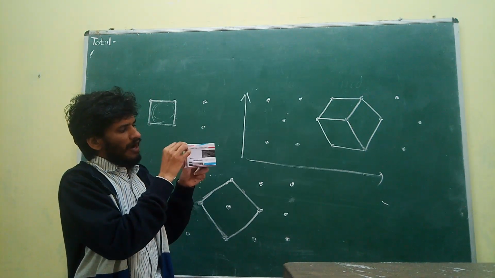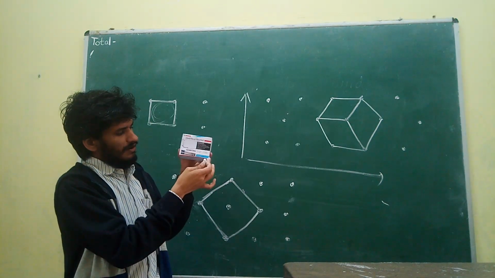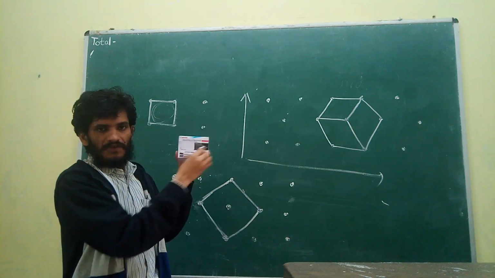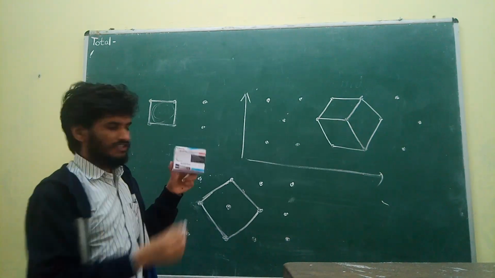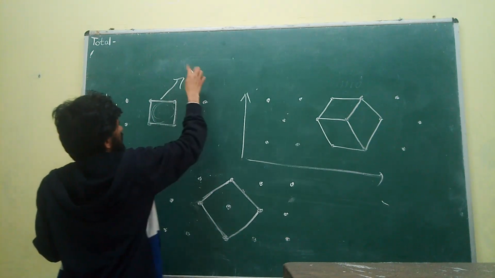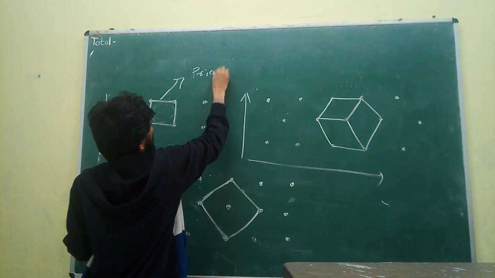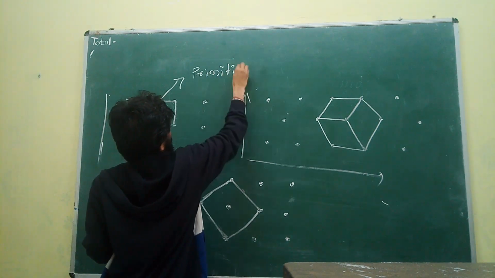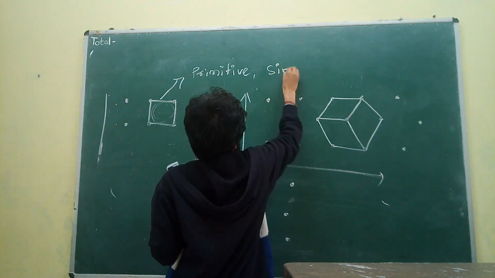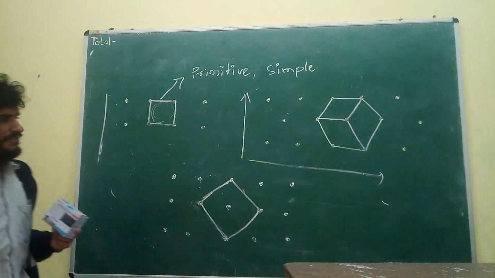The points are located in this corner, this corner, this corner and this corner, but not on this face. Such a unit cell is called a primitive or simple unit cell.